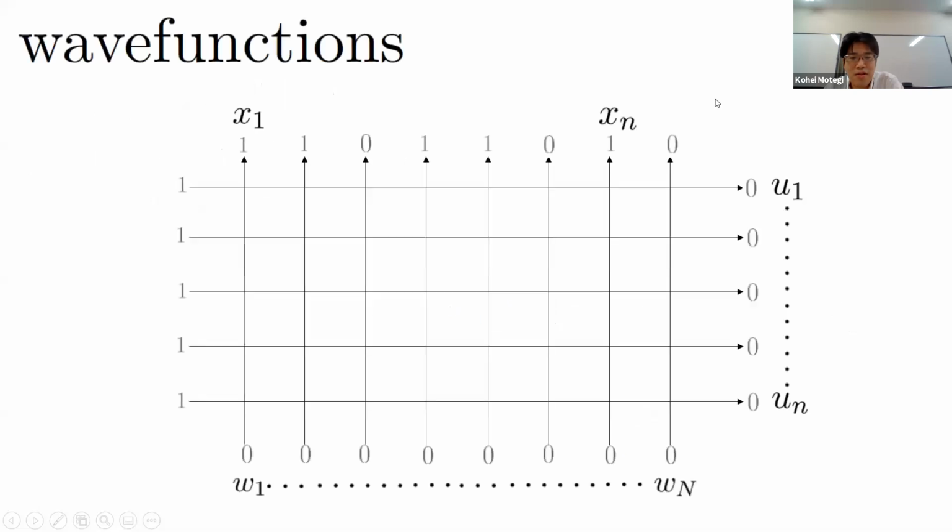I said I will mainly focus on this kind of partition function. I will attach a spectral parameter U to each horizontal line, and I attach a spectral parameter W to each vertical line.